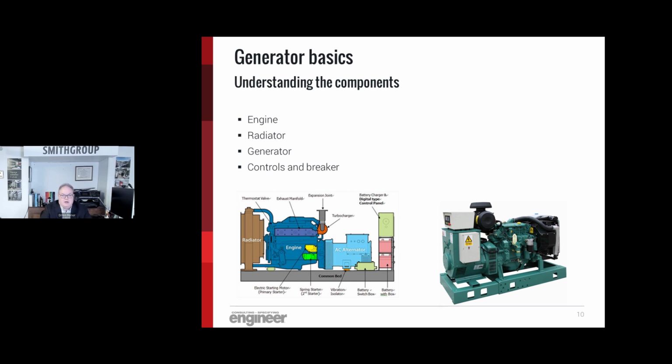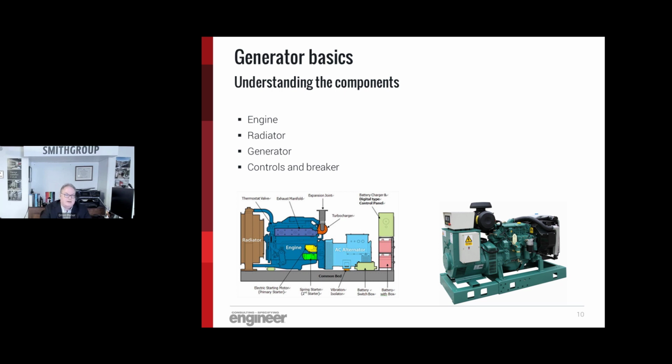Some things to note that are not shown here, and we'll talk a little bit later about them, especially on indoor applications, are the exhaust silencer, muffler, and treatment. There are EPA tiers we could get into a long discussion on, but many localities are requiring significant reductions in emissions from these generators, and the exhaust silencers, mufflers, or treatment that go above these generators can be quite large.